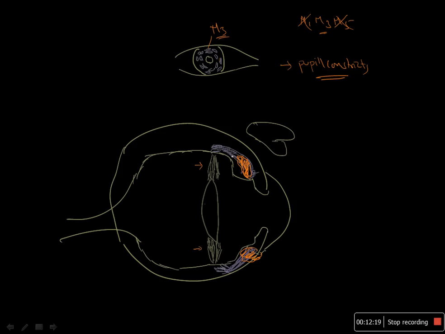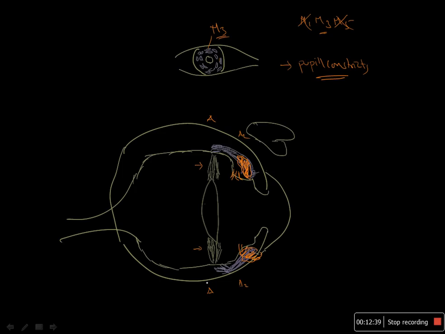So once the ciliaris is contracted, the zonules would become relaxed, because, let's say this was the initial distance a and a dash, and this is the final distance after contraction, a2 and a2 dash.